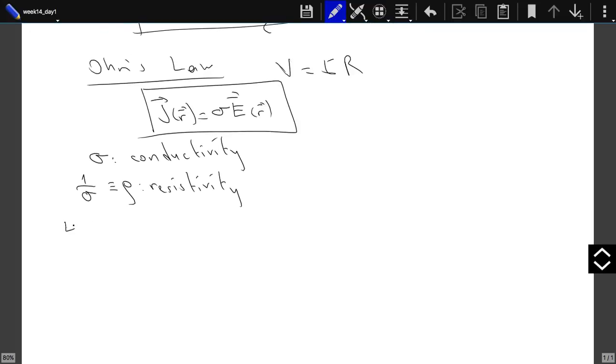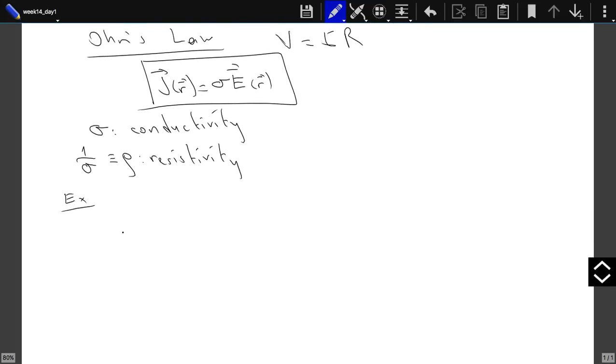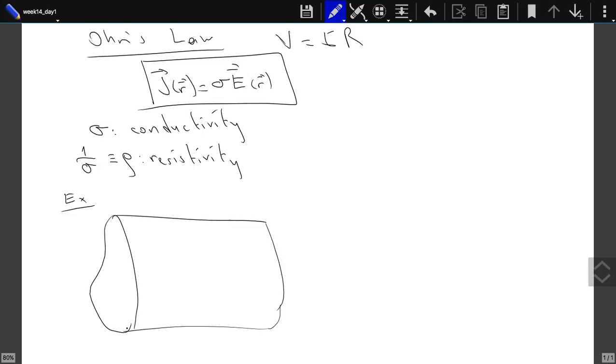Let's assume we have a conductor of some arbitrary shape. I will assume that the electric field inside is uniform. This is the electric field inside.